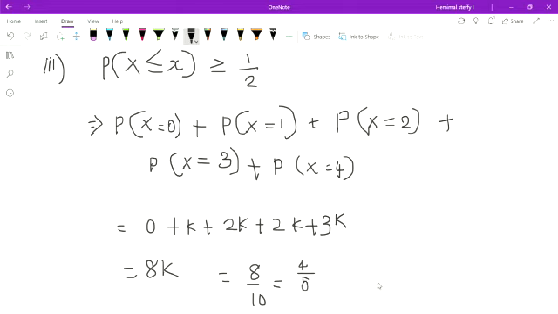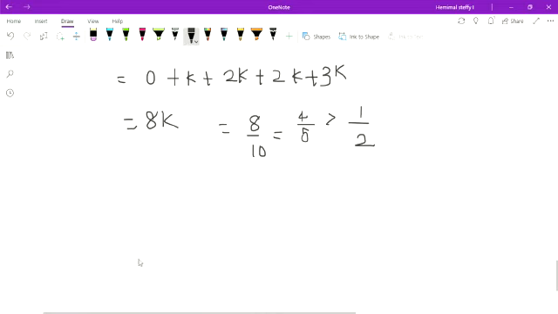4 by 5 is greater than 1 by 2. So P of capital X less than or equal to 4 is greater than 1 by 2.